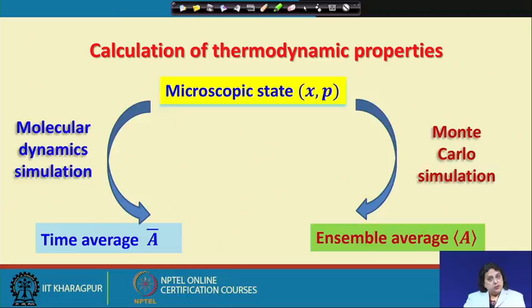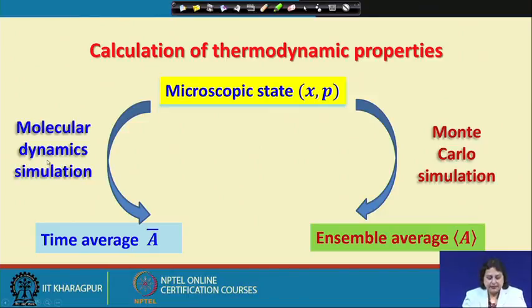So, what do we do in molecular dynamics simulation? We have a suitable equation of motion which can be solved starting from a given initial condition, which will in turn take me from one initial microscopic state to another one as time progresses. Therefore, any property that I calculate at each of these time slices gives me the time average A bar.